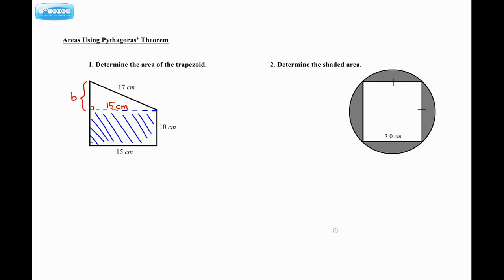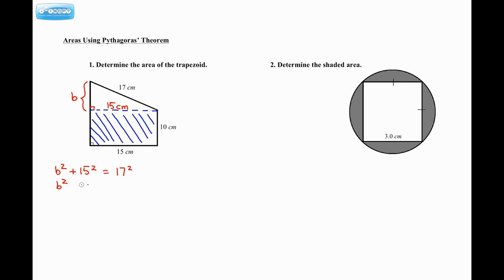All right, so let's work this out. Okay. Well, I know from the Pythagorean theorem that b squared plus 15 squared, remember we're in centimeters, is equal to 17 squared. Okay. So I'm just going to solve for b. So b squared, 15 squared, I can work that out, that's 225.